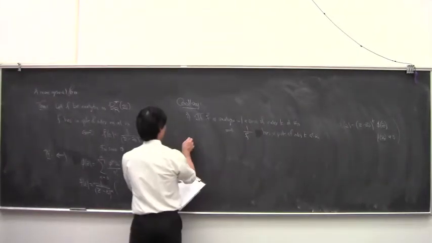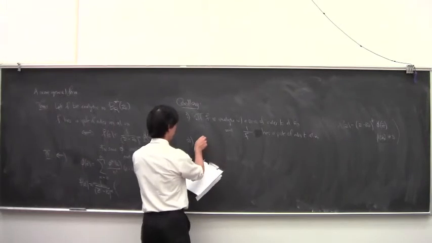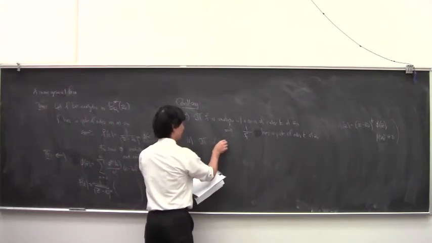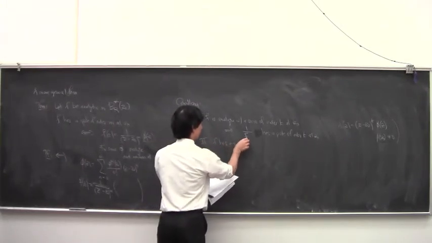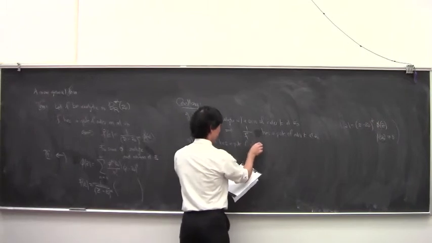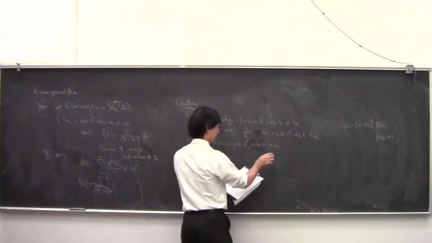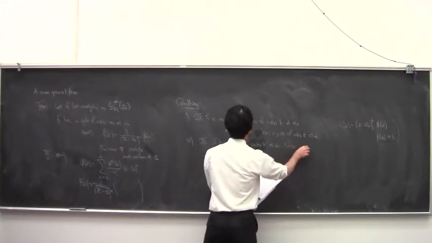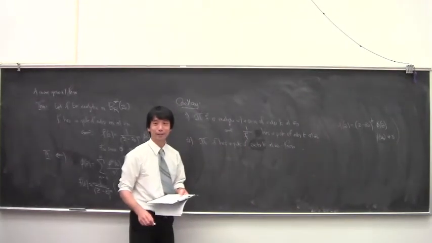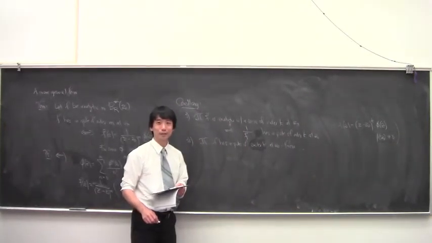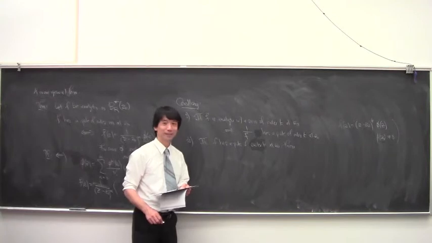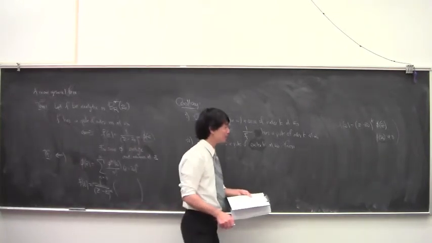And then conversely, if f has a pole of order k at z naught, then what am I going to say? 1 over f has a zero of order k? Almost, yeah, that's what you'd like to say.